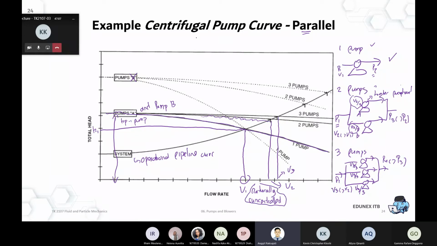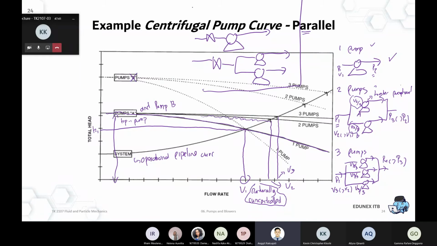Okay, so when you have something like this, a valve, that's when you intentionally disturb the balance of the system, right? You intentionally disturb the balance of the system. So now what happens if you have one pump, but you have a valve over here, and then you have 2 pumps. Okay.